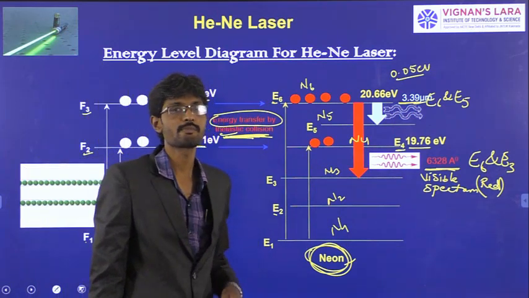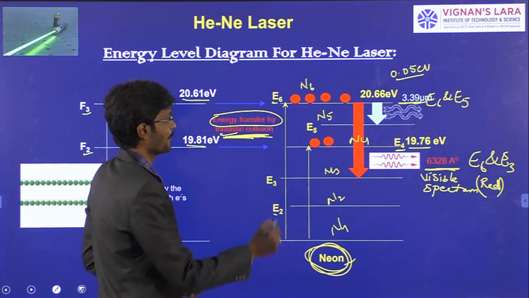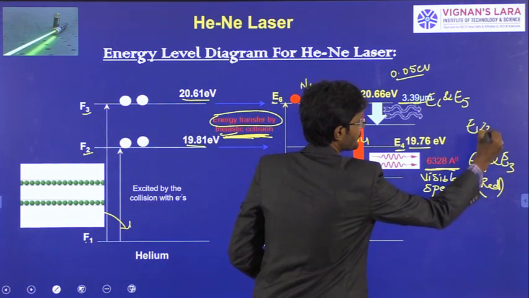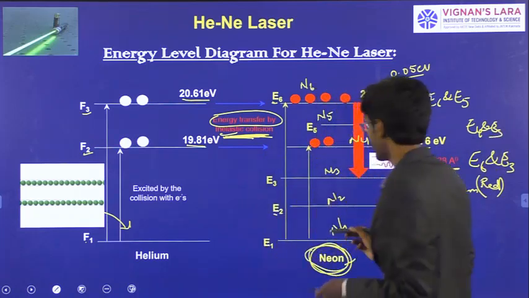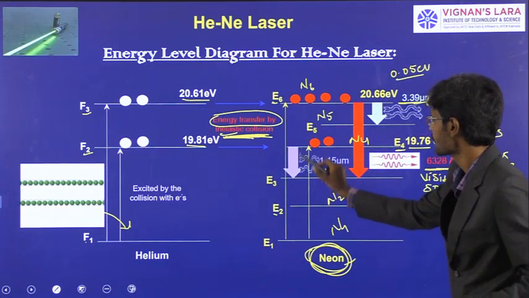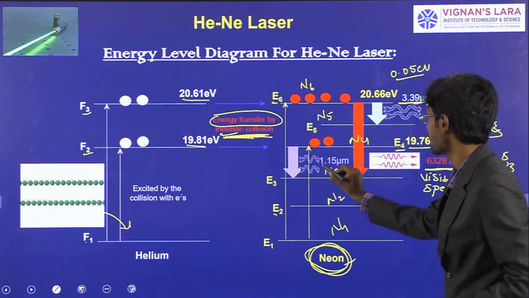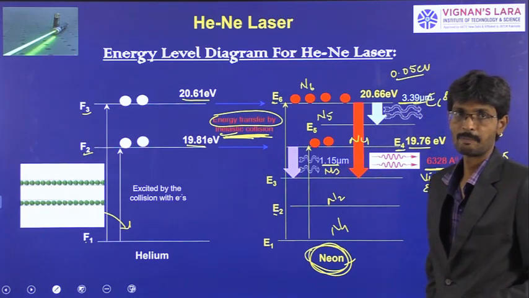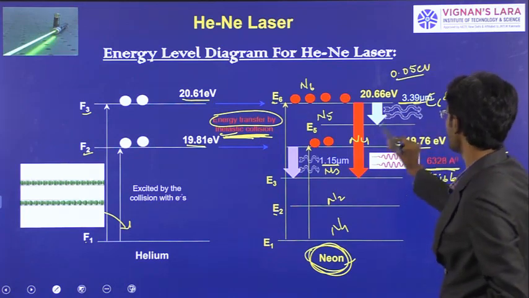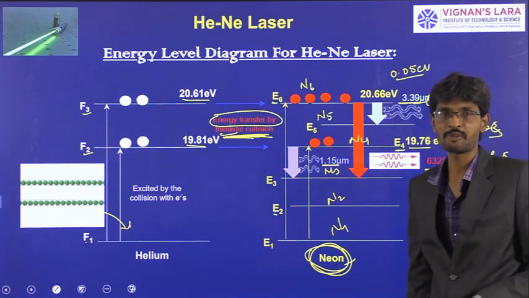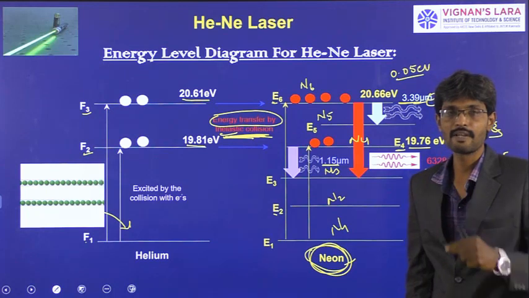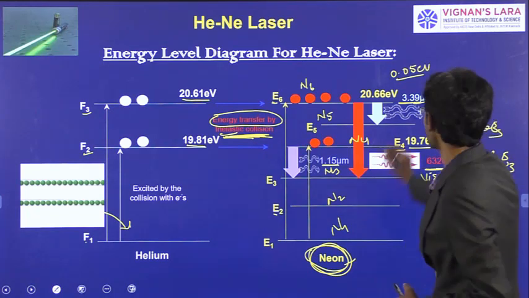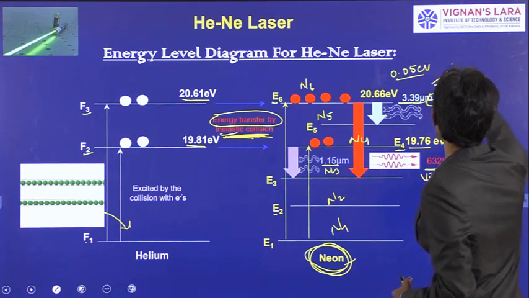Another population inversion was also achieved between E4 and E3, and between E4 and E3 also, stimulated emission takes place and it produces a laser of wavelength 1.15 micrometers. Now these 3.39 micrometers and 1.15 micrometers wavelengths fall in the region of infrared.